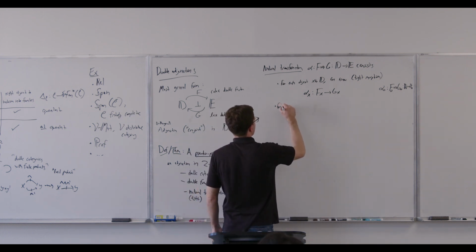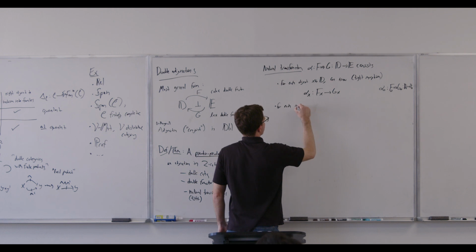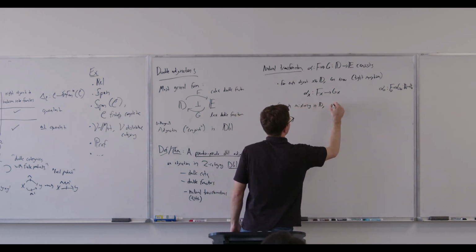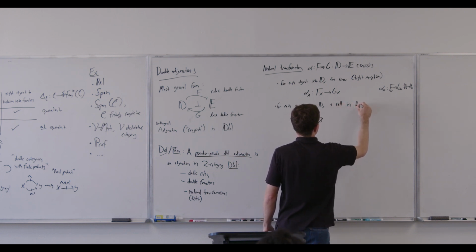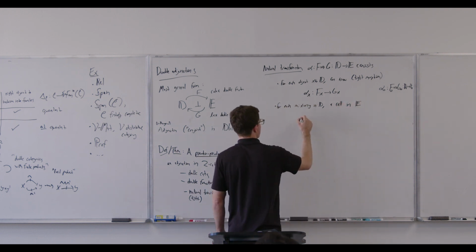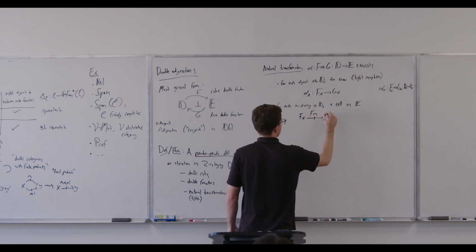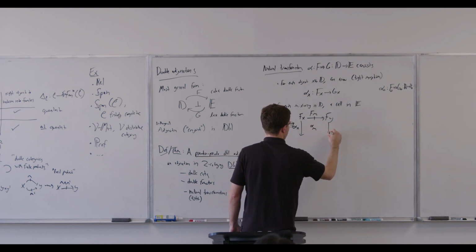And then for each pro arrow, a cell in E of this shape. So we have F on the top, alpha going between.